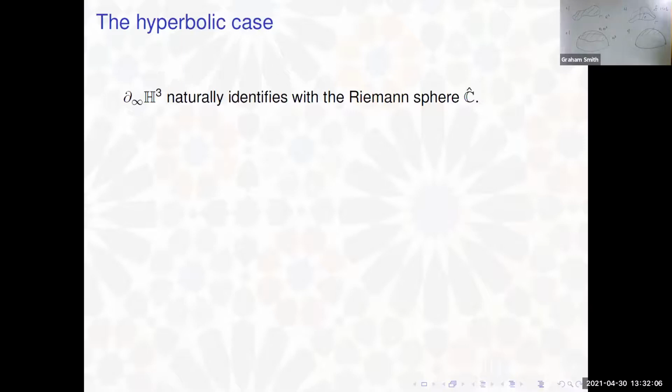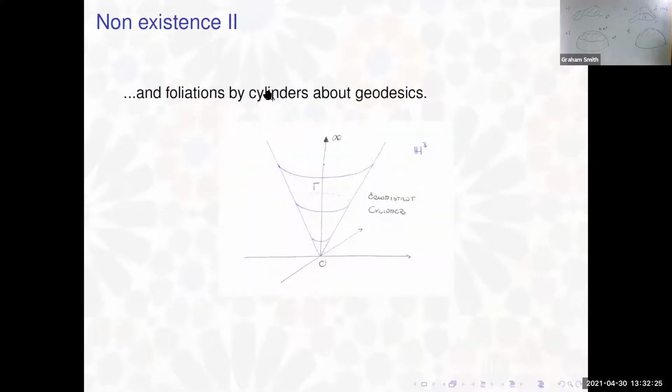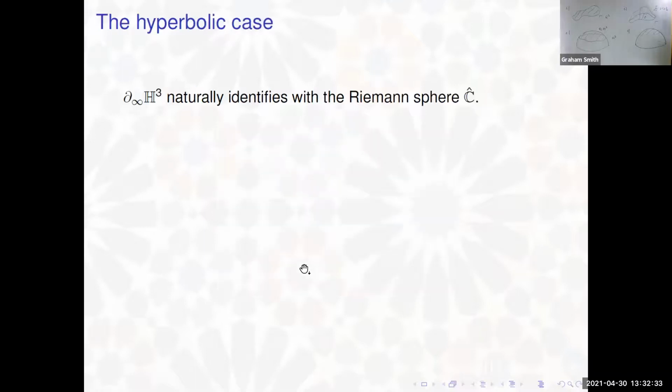So, this problem can actually be divided into 2 cases. Why is that? Well, it turns out that the ideal boundary of hyperbolic space has a natural conformal structure, which allows us to identify it with the extended complex plane, the Riemann sphere, C hat. We already see this in the upper half space representation of hyperbolic space, where most of the ideal boundary is represented as a complex plane.